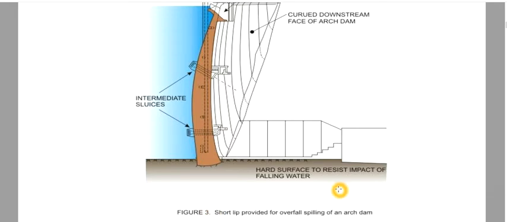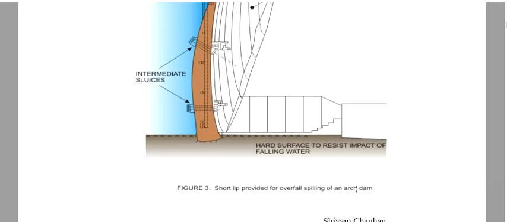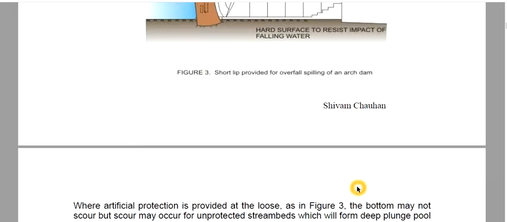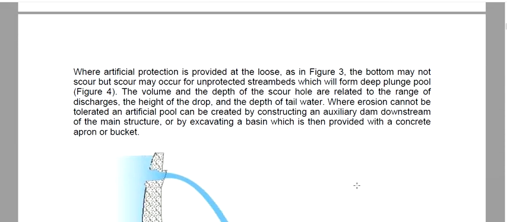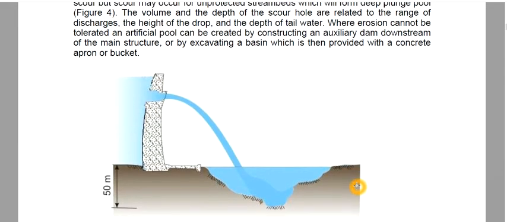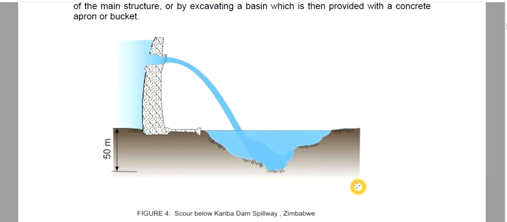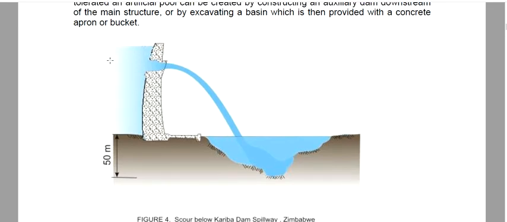This is the short lip provided for overfall spilling of an arch dam. So here you can see this is the scouring below a dam. This is a typical case study for scour below Kariba Dam spillway in Zimbabwe.